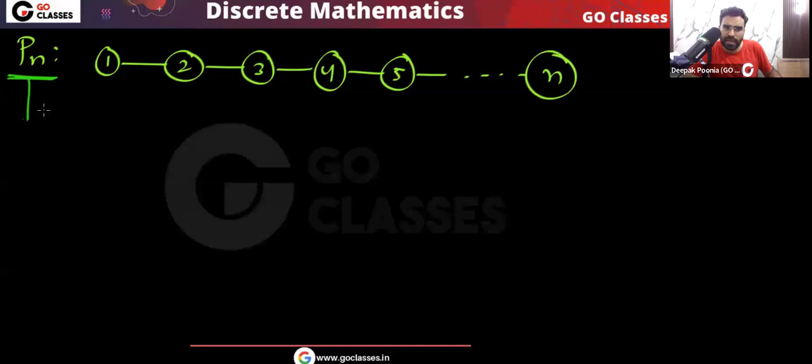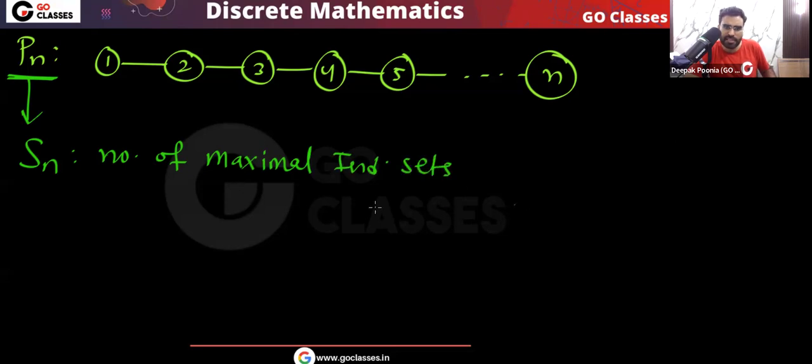So remember, in Pn, Sn is the number of maximal independent sets in Pn.